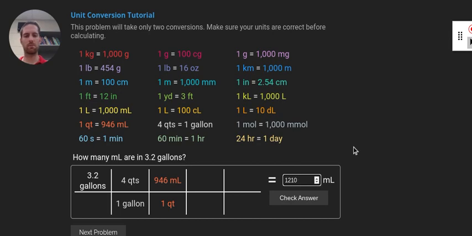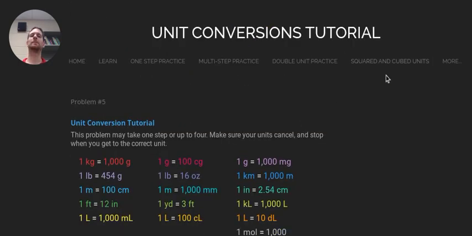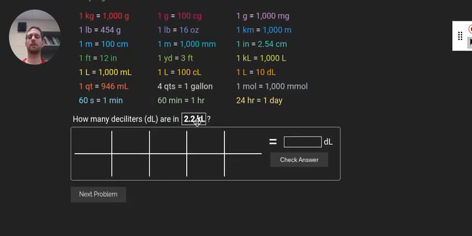Like so. So kiloliter to deciliter. Cancel that kiloliter to get liter. Then when we go to deciliter, it has to be there. And this is going to give me my answer, 2.2 times 10,000, or 22,000.